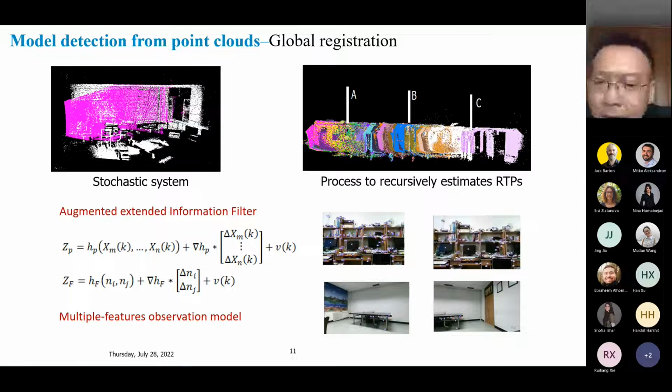The extended means we can consider a nonlinear system, and the augmented means we can consider all the scans added together to optimize the result. And also we developed a multiple features registration model. Besides the points, we can use linear features and planar features in this system to optimize the registration result. Next, please.